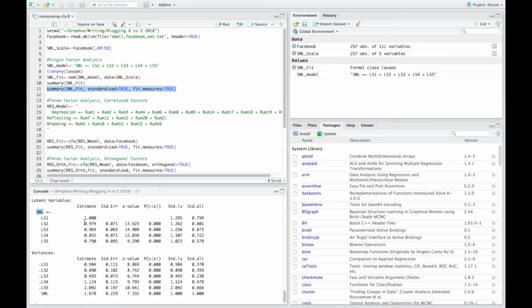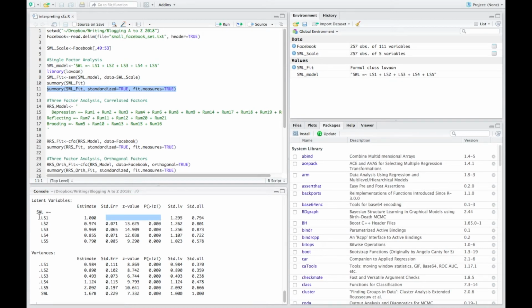And so the way that SEM programs do this is that one of the indicators is fixed with a factor loading of 1. This gives our latent variable the same metric as that indicator. What this means is that it's not giving you standard error and it's not giving you a significance test for this.